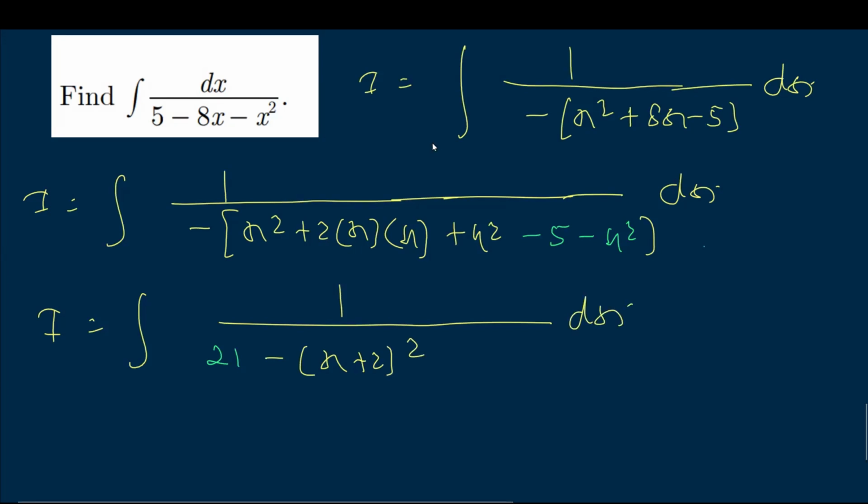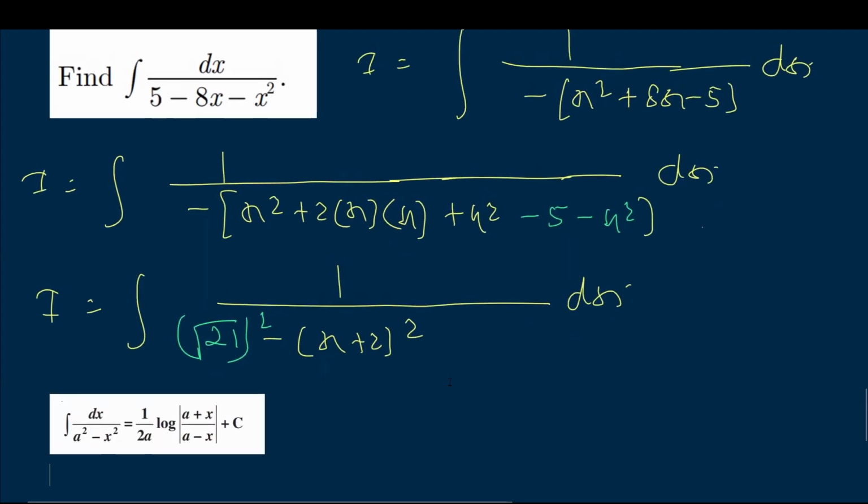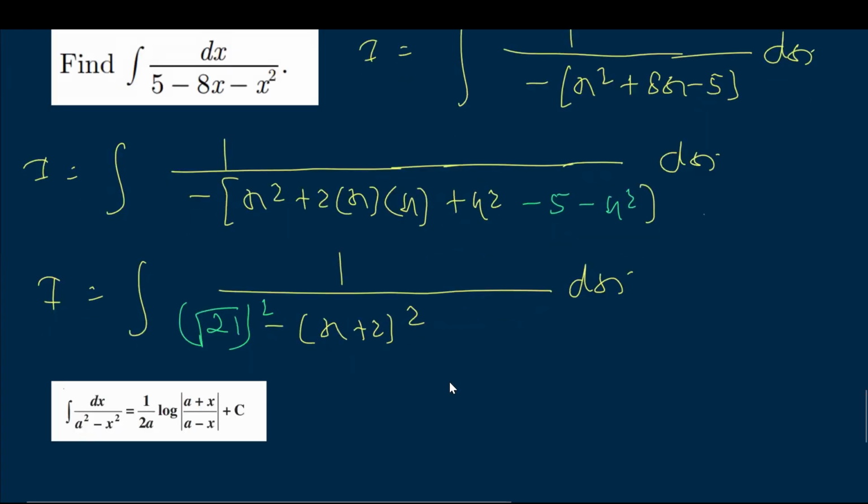Later what I can do is to write 21 as under root 21 whole square, right? This is what we will do here. And after that, we are going to apply this direct property over here, the fact that integration of 1 over a square minus x square is equal to 1 over 2a log of mod a plus x over a minus x.